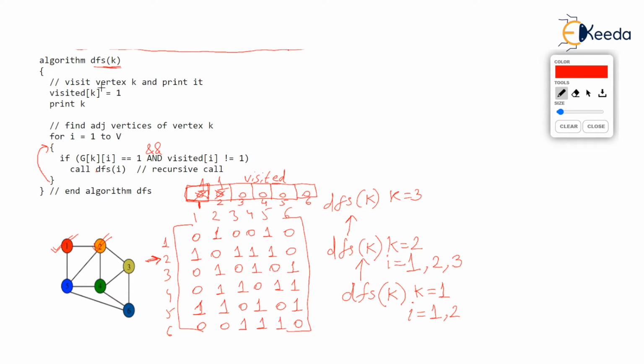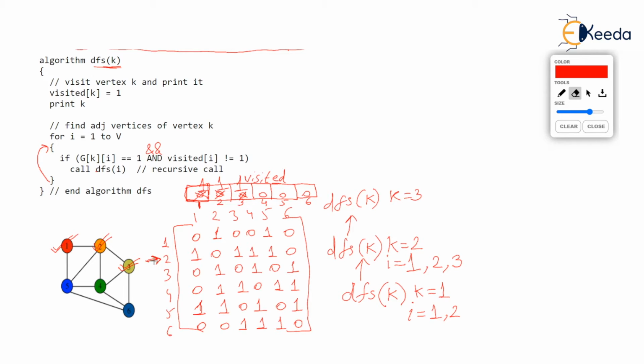So what happens when DFS(3) starts? We print 3 and we mark 3 as visited. Okay. So the third element of visited has been marked as 1, which indicates that the third vertex is now visited. Now let's see the adjacent vertices of 3, where k is 3 now.